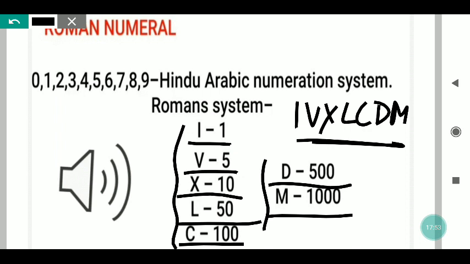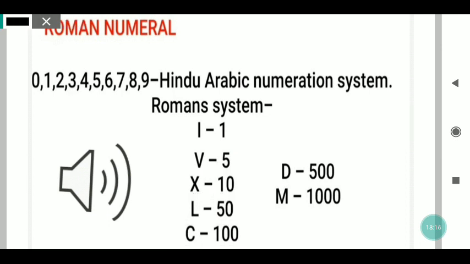You have to keep this in your mind: what each Roman symbol stands for in Hindu Arabic. This one is Hindu Arabic and this side it is written Roman numerals. I, V, X, L, C, D, M are Roman, and 1, 5, 10, 50, 100, 500 and 1000 are Hindu Arabic.